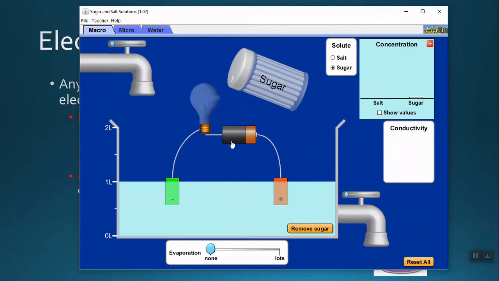Because again, sugar is not an ionic compound. Remember, ionic, the word ions, right? So sugar is covalent. It's not made up of ions. Yes, it dissolves in water. However, even though it dissolves in water, it does not dissociate into ions. The compound or the molecule does not separate into ions, okay?